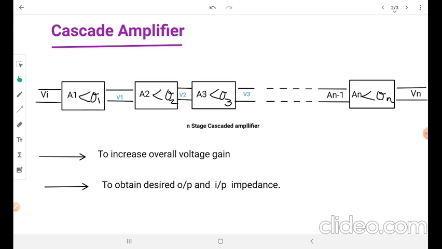Next we are going to see the effect on gain in a cascaded amplifier. Already I told you that cascaded amplifiers are mainly used to increase the overall voltage gain. Now we can see what the effect on the gain is.